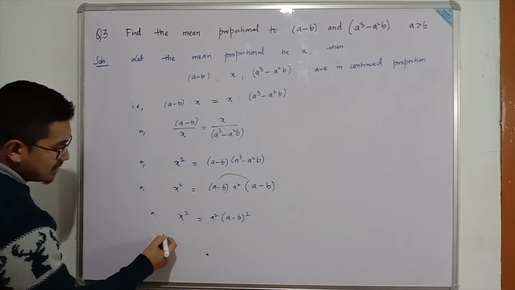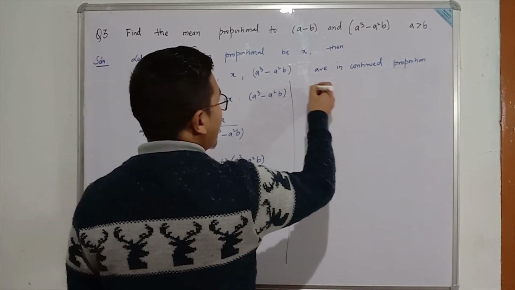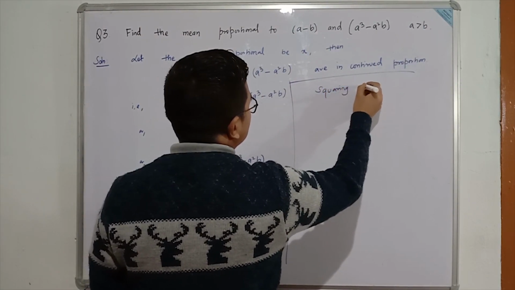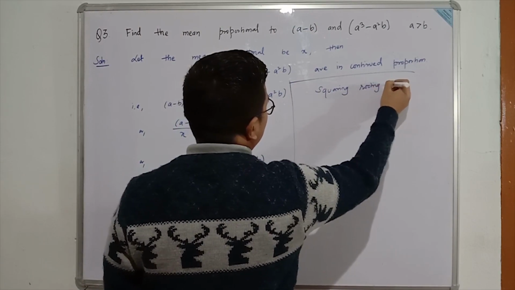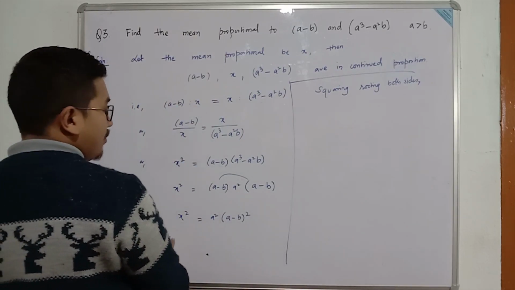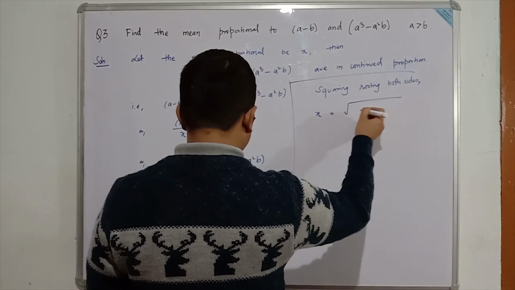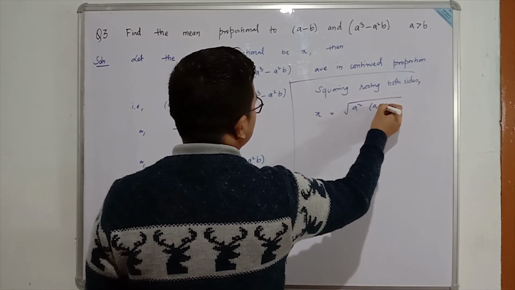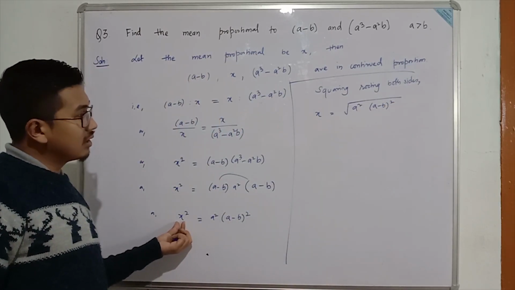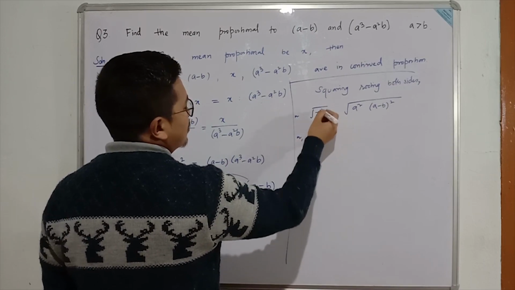So square rooting both the sides, what do we get? We get x is equal to under root of a square into a minus b whole square. So square root of x square is x.